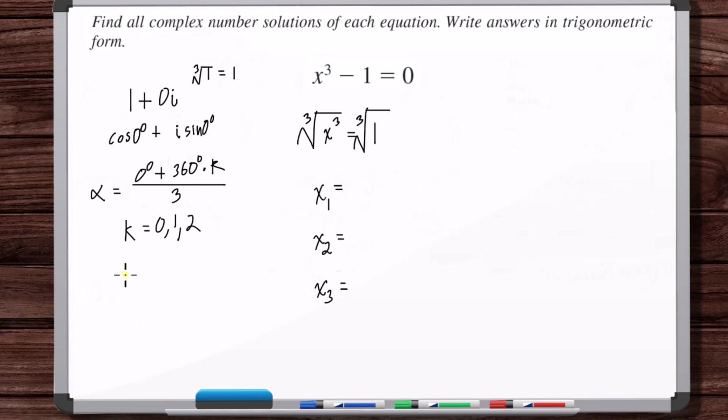Now alpha 1, with k equal to 0, is 0 divided by 3, which is just 0 degrees. We know they're going to be spaced 120 degrees apart. We've got 3 roots, so we just add 120.